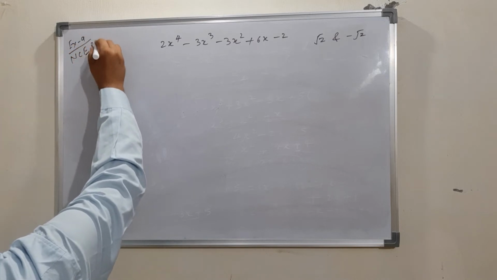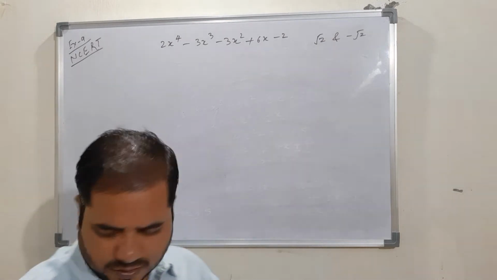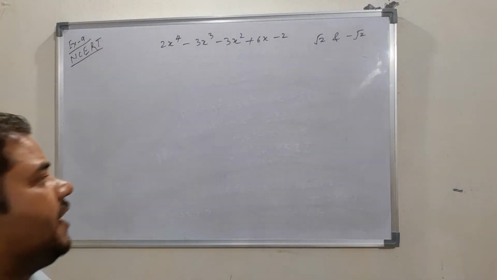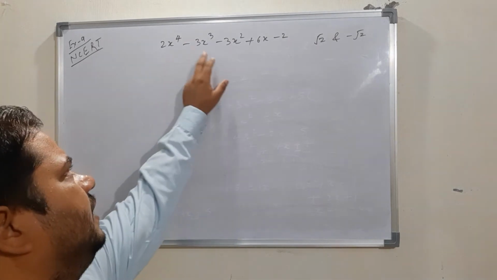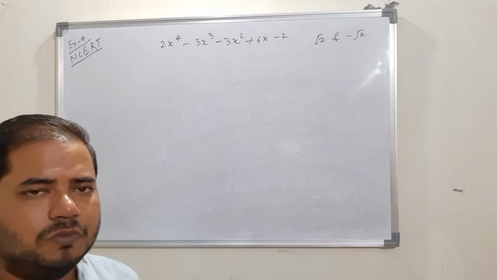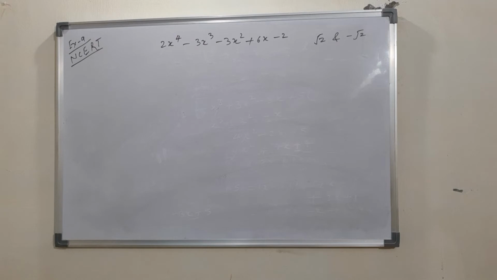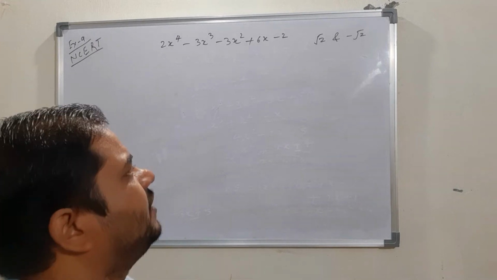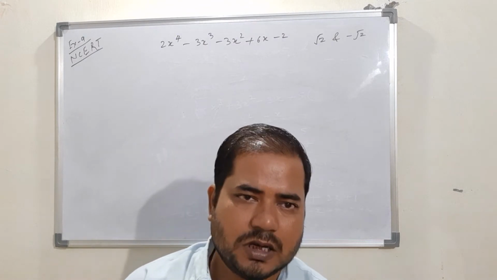Please see it. We have been given the biquadratic polynomial 2x to the power 4 minus 3x cube minus 3x square plus 6x minus 2. Two of its zeros are given, that is root 2 and minus root 2.